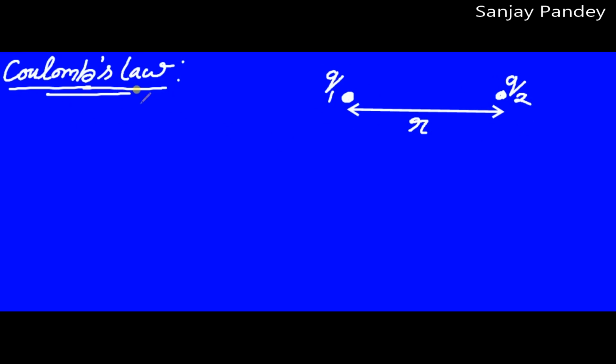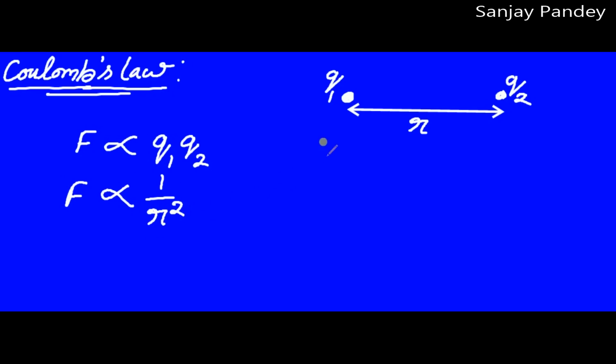Then, according to this law, the electrostatic force F acting between these two point charges is directly proportional to the product of charges q1 and q2, and F is also inversely proportional to the square of the distance between these two point charges.